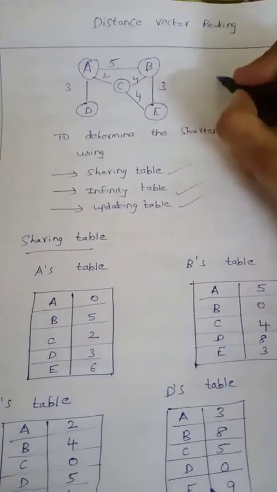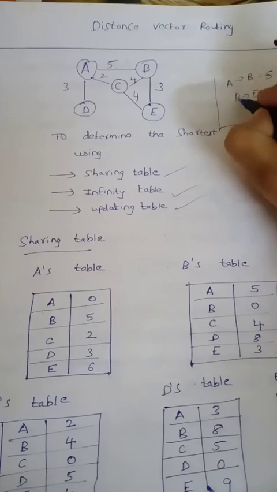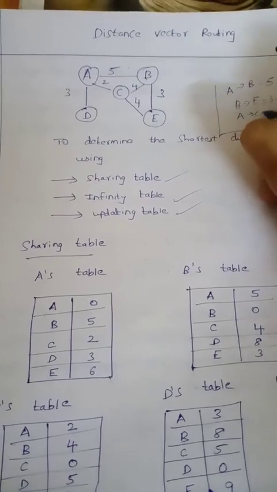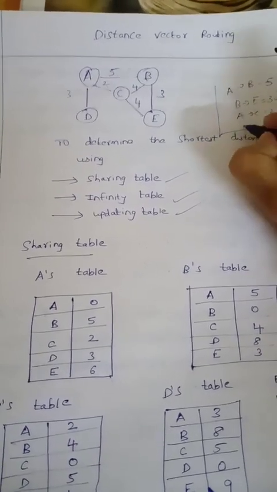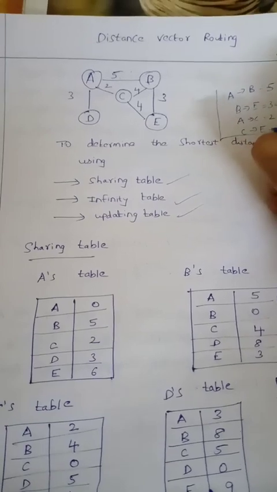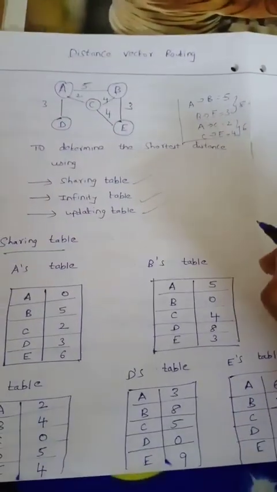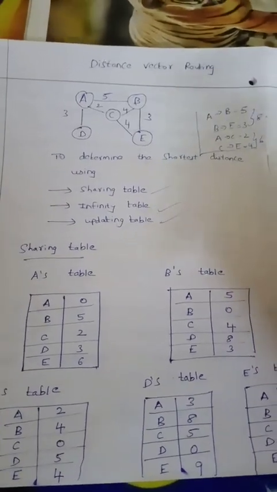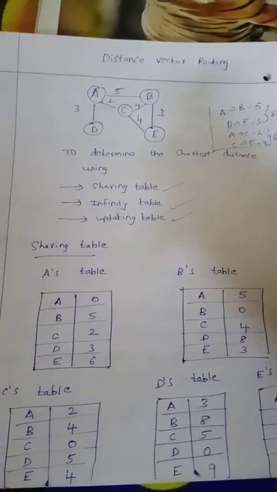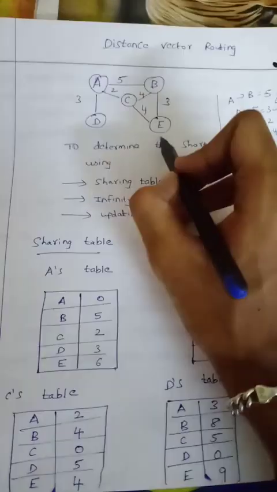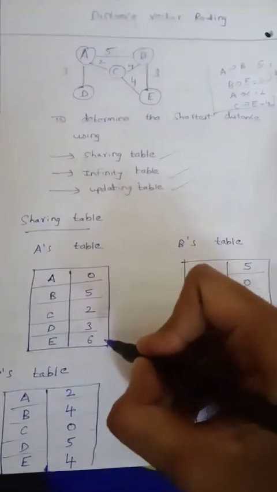Another possibility is A to C equal to 2 and C to E equal to 4, so totally 6. In distance vector routing, you always have to take the shortest path, so for A to E we take 6 and write it here.